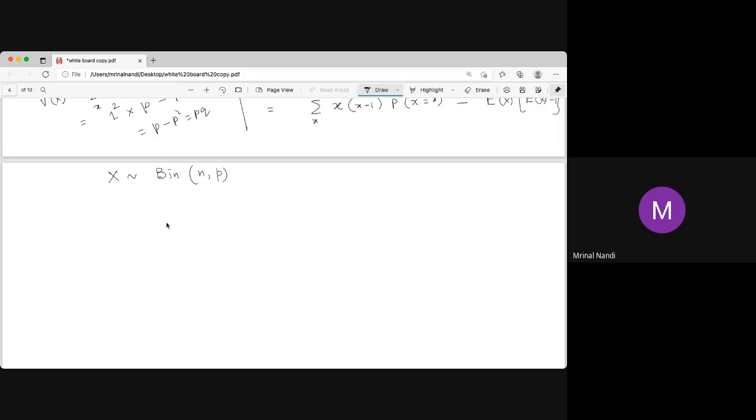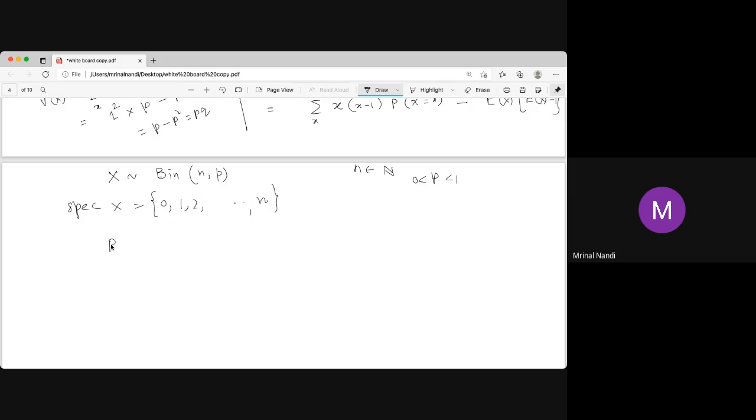If head is a success, how many shots hit the target? Again, the value of X may be 0, or 1, maybe 2. By the way, this n is a natural number, and this p lies between 0 and 1. It's the probability of success. The maximum is n and the minimum is 0.